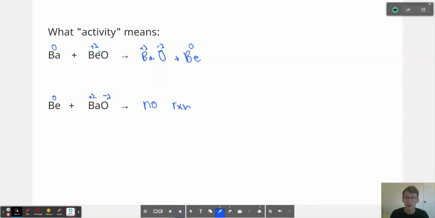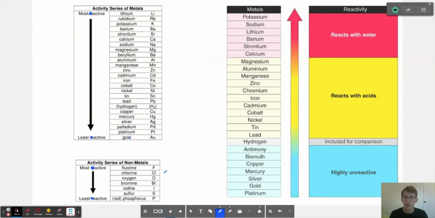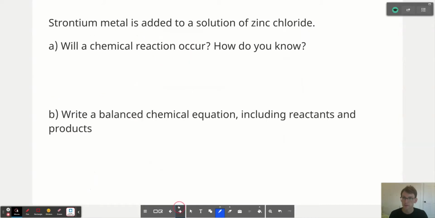That is okay because the electrons are more stable when with the beryllium than they are with the barium. That's the driving force here. And how do we know it? Well, we know it because the activity series tells us that barium is more likely to be in that oxidized state than beryllium.